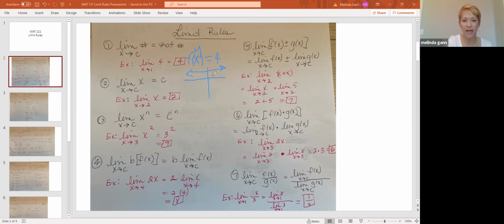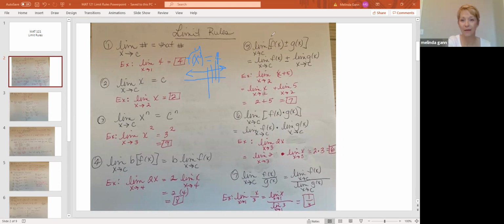So it really wouldn't matter what number you were getting close to, whether you were approaching 1 or -11 or 100 out here. Everywhere on this graph, the y value is 4. So no matter what your x value is, your y value is 4.